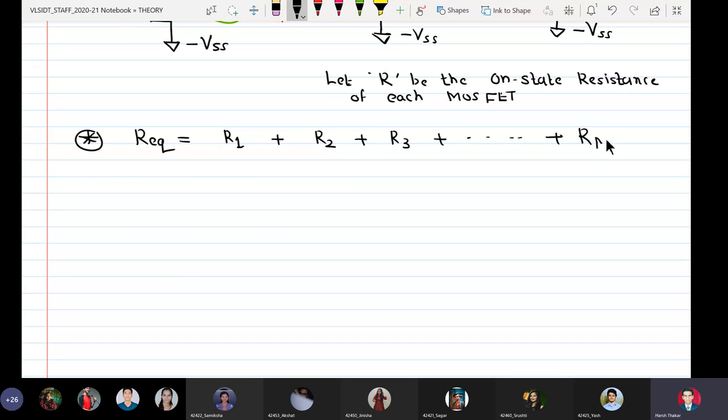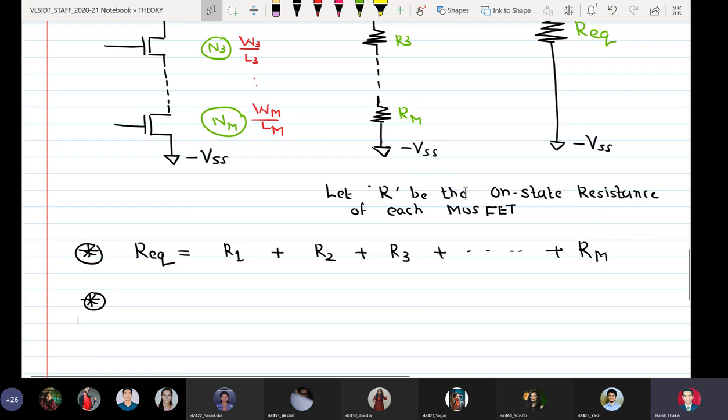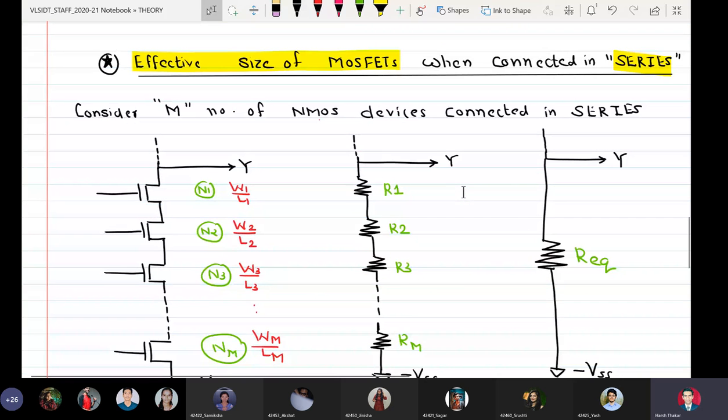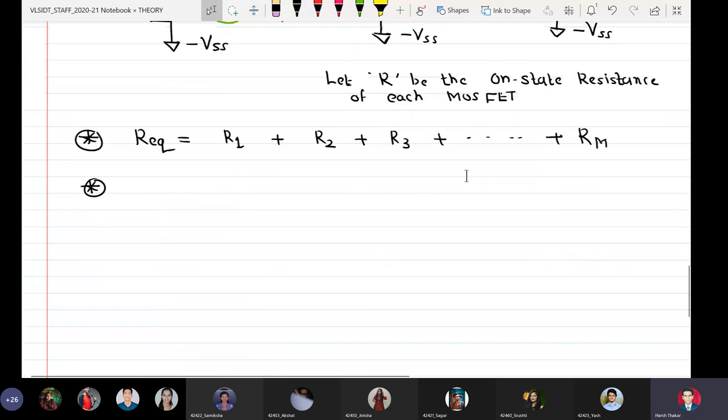Going ahead now, it's very clear that R equivalent is equal to R1 plus R2 plus R3 plus RM. Another important fact which we had discussed before is that there is a mathematical model available for the on-state resistance of a MOSFET, and that resistance is inversely proportional to the W by L ratio.